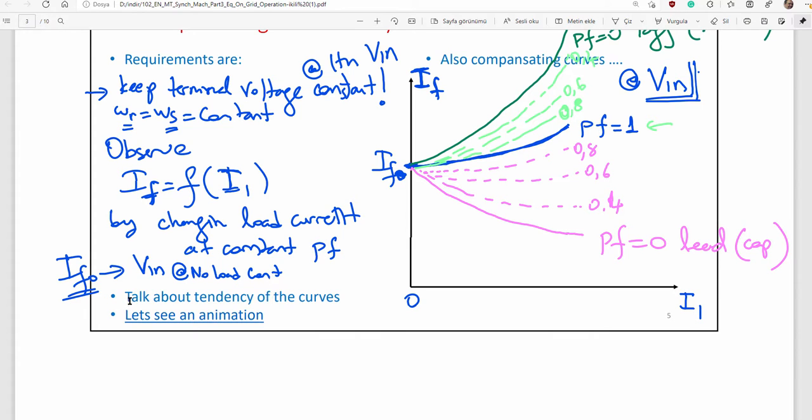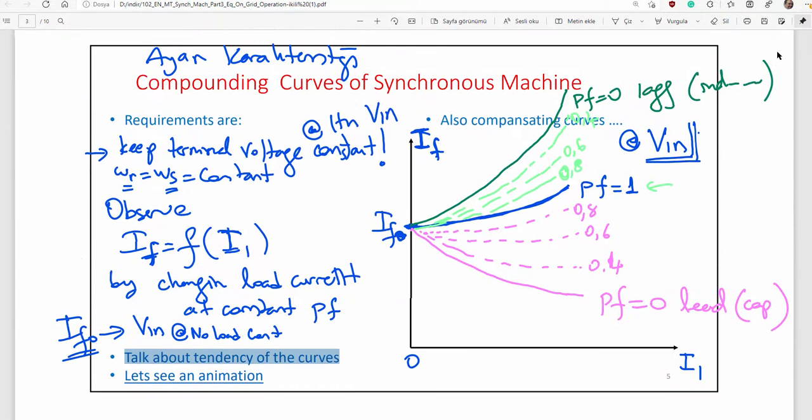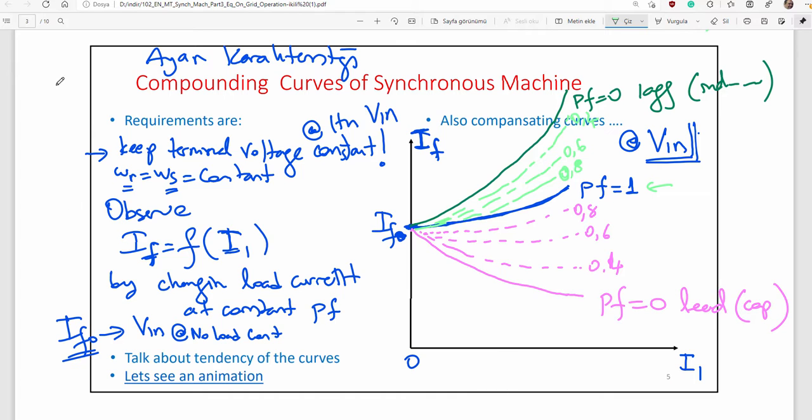I don't know. Let's talk about the tendency of the curves. Those curves will be like this. In the future, again, this will be up.